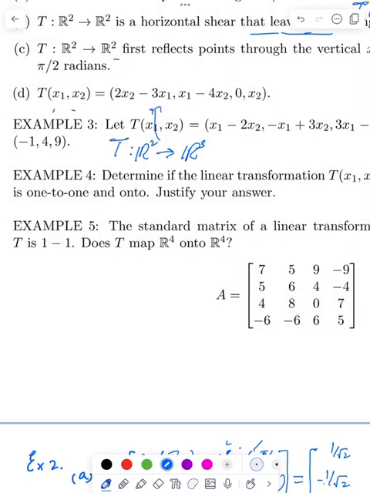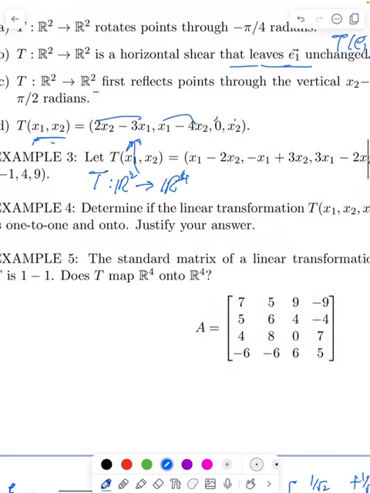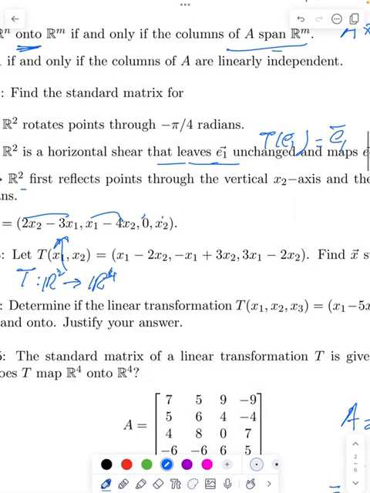Okay. So here we have a 2 component vector, and here we have 1, 2, 3, actually 4, R4 is going to R4. So there are 4 components. So we want to find out what is the matrix of the transformation.